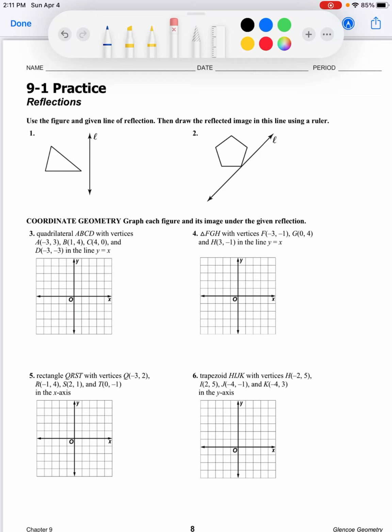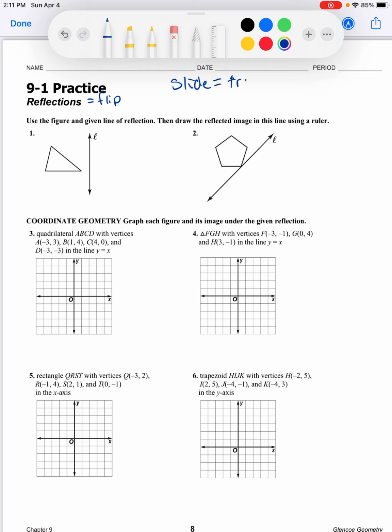In years past, when you've talked about transformations, you may have heard the terms slide, flip, and turn. They're the same thing, but now we're using the fancier math vocab. Instead of a flip, we are going to have a reflection.